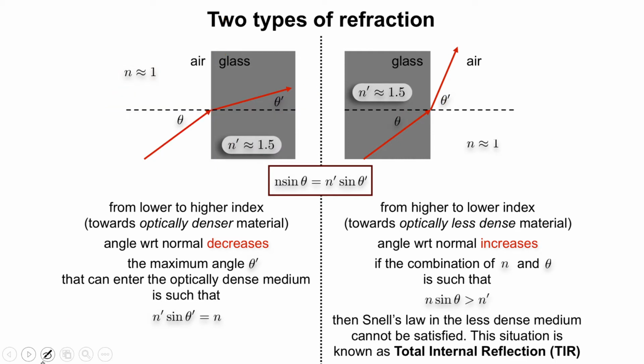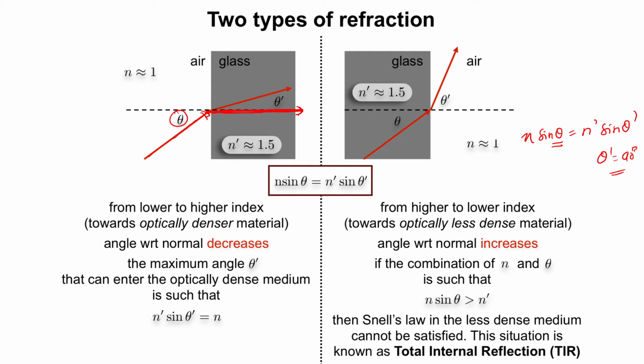So I want to consider a special case where my ray of light is going in at an angle theta, but is completely refracted along this interface. We know that Snell's law states that n sine theta is equal to n prime sine theta prime. So I want to figure out at what theta I would get theta prime equal to 90 degrees.